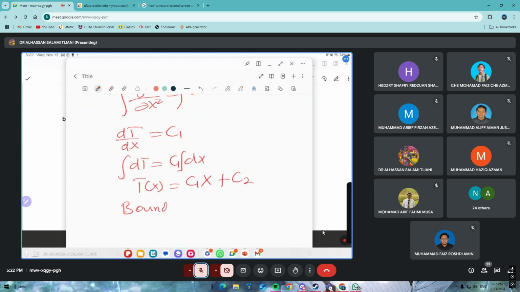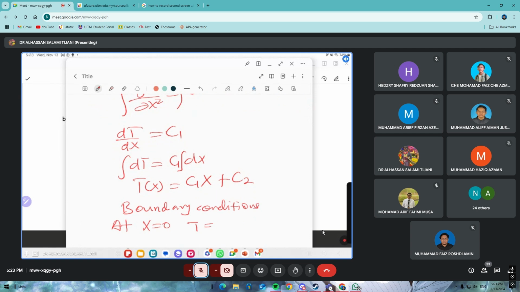Boundary. Okay? So now, what are the boundary conditions that are given? At the point where x equals 0, what is T? Let's look at a diagram.